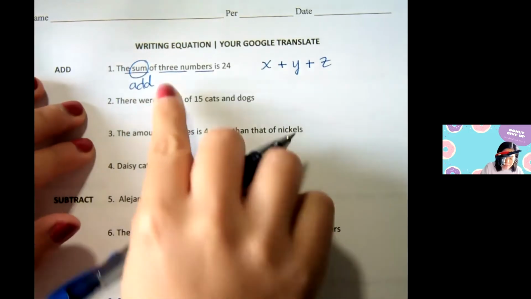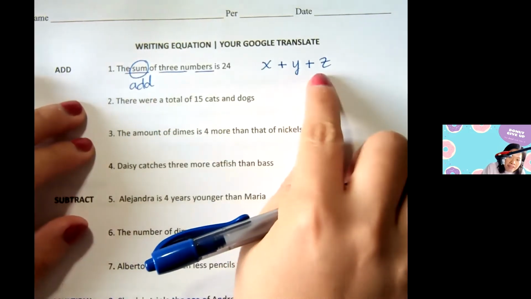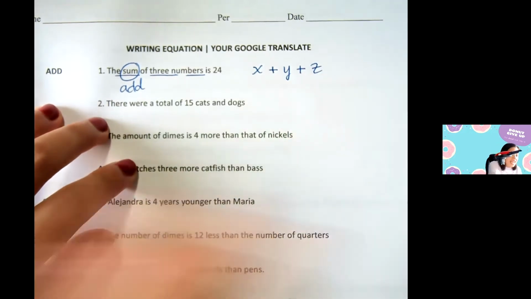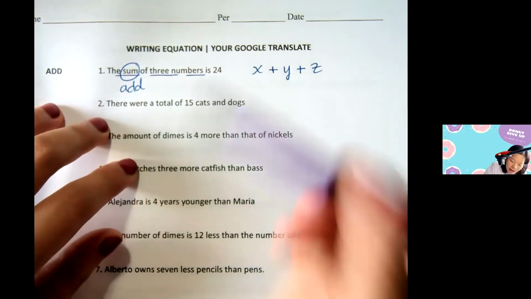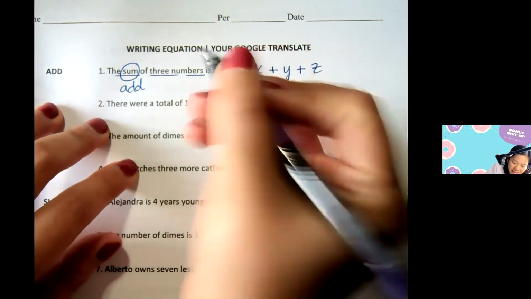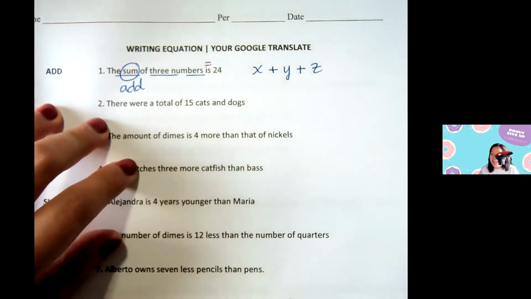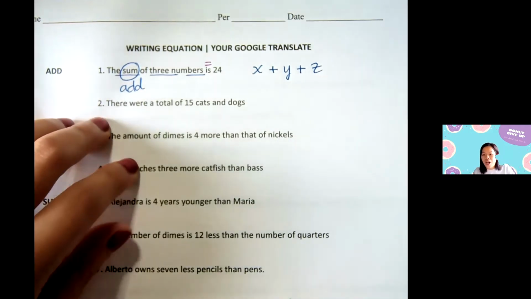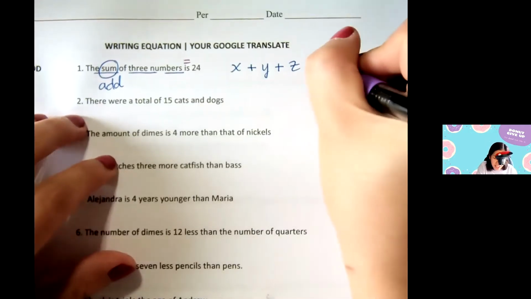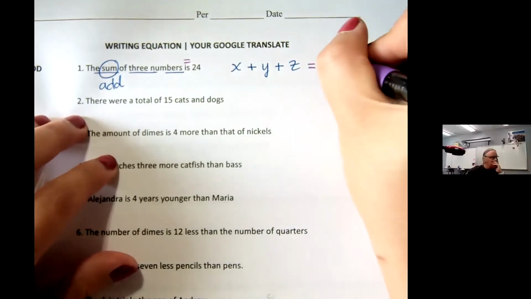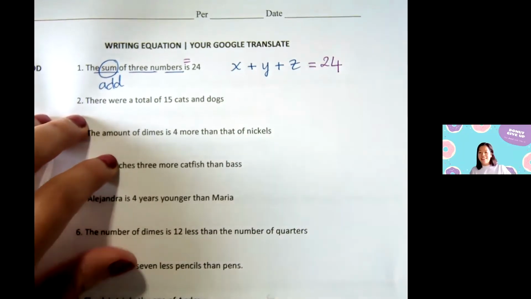And the three numbers we already represent by the variables X, Y, and Z. Every time that you see the word is, what it does is represent the value, the equal. So if I say the sum of three numbers is 24, I'm going to put equals, how much, guys? 24. Excellent.